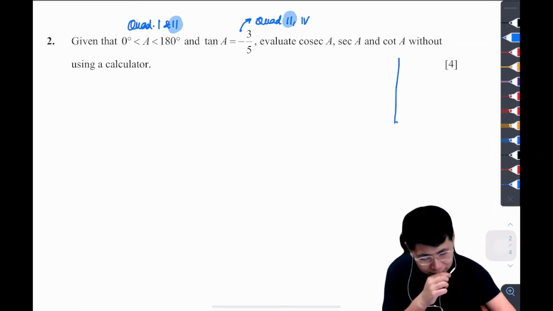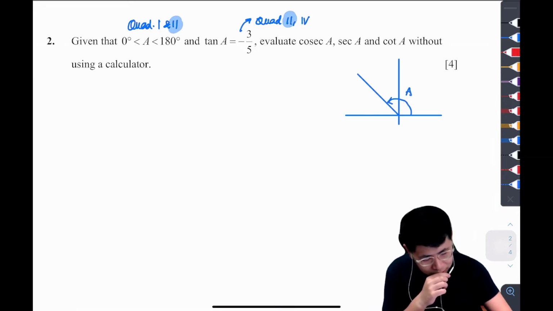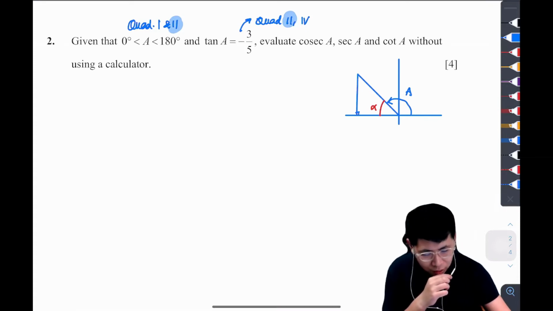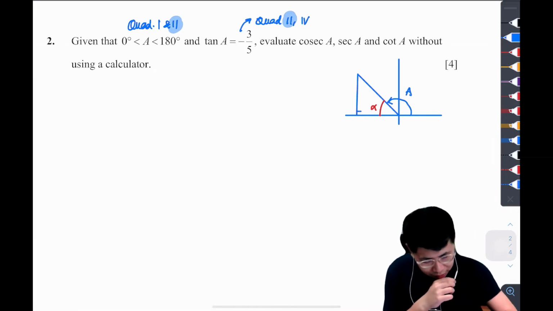Let's draw out the angle in quadrant 2. Angle A is over here. I'm going to get this basic angle alpha out, and draw this right-angle triangle. Now, tangent of this angle is negative 3 over 5, so the opposite is 3, adjacent is 5.